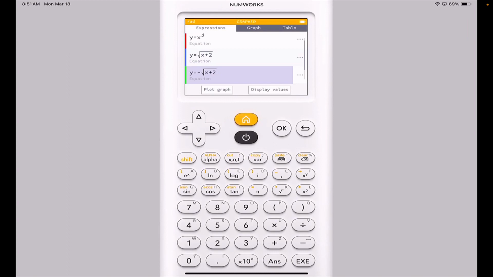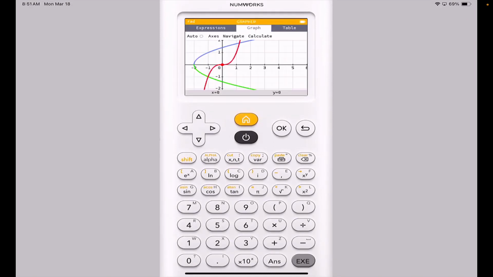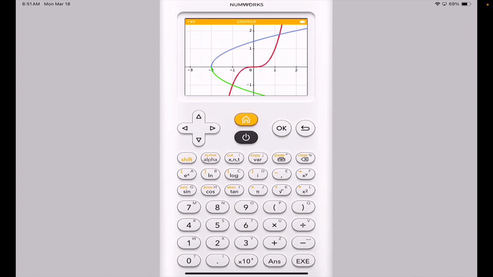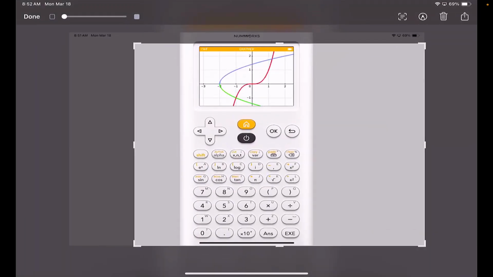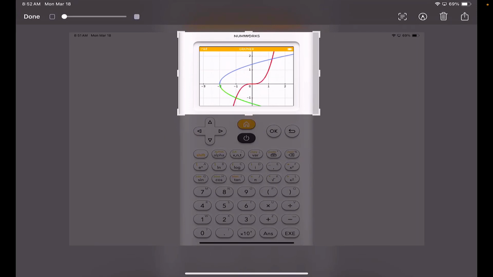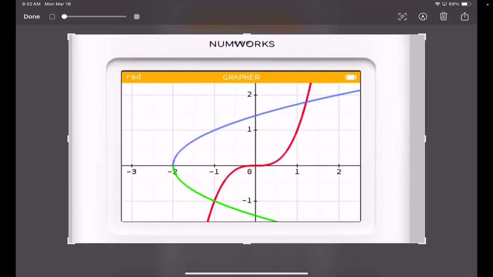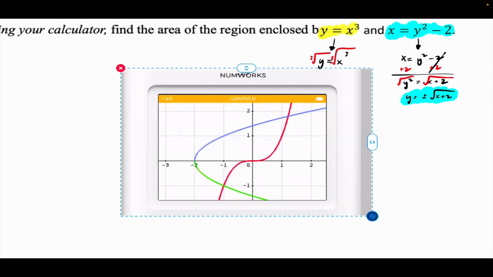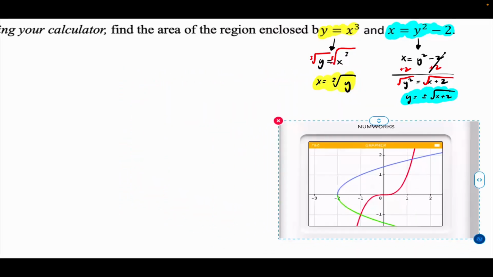All right, so now I'm going to go up to see the graphs. I'm going to go to navigate. Zoom in a little bit. There we go. So since I have an iPad, I can cut and paste or I can snapshot and stuff. If I didn't have one, I would be doing this on my paper. I would be drawing this picture on my paper because it's so much easier to see when you have a picture. Okay.